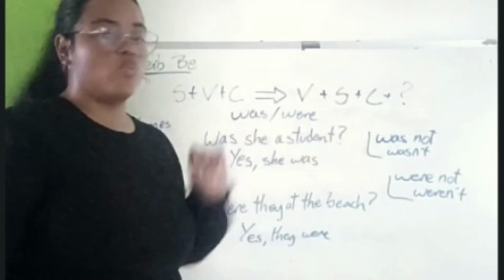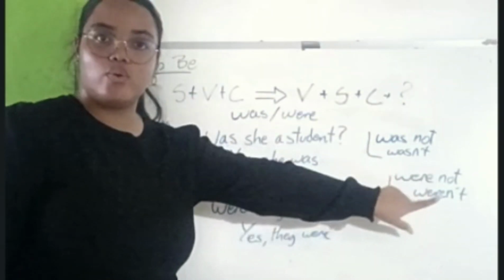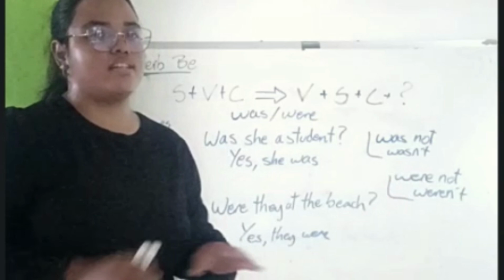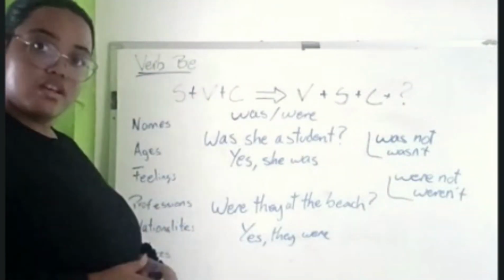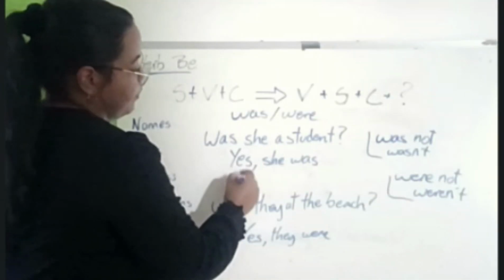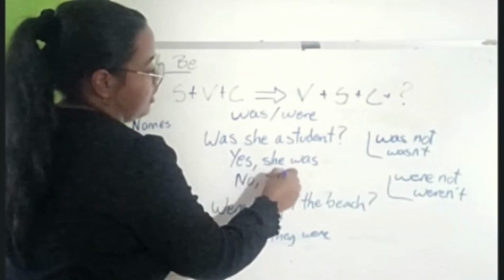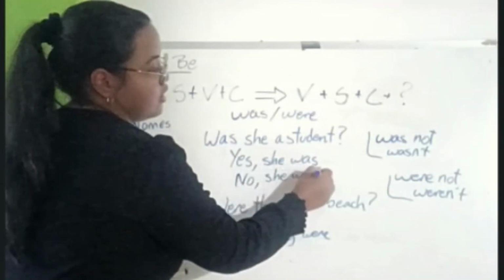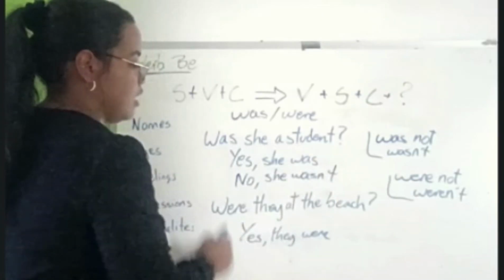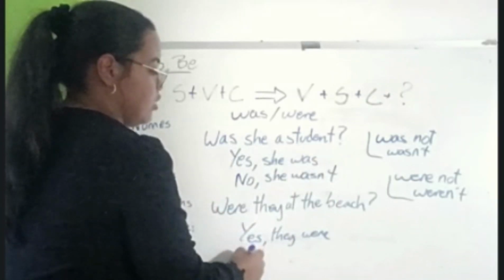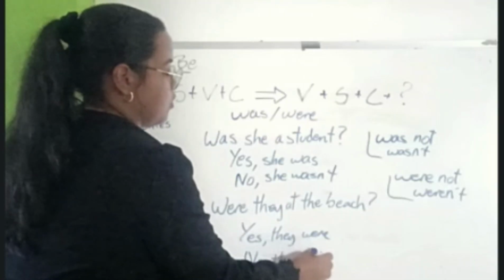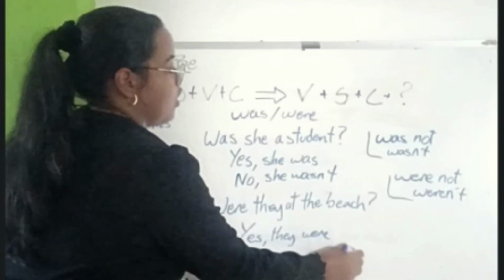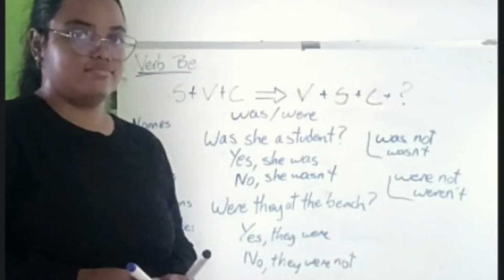Was not, wasn't, were not, weren't. Okay, we can say separate or we can say contracted. So, if the answer is no, we say no, she was not or wasn't. Yes, they were. No, they were not or they weren't.